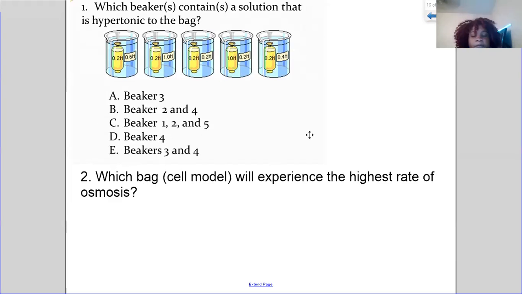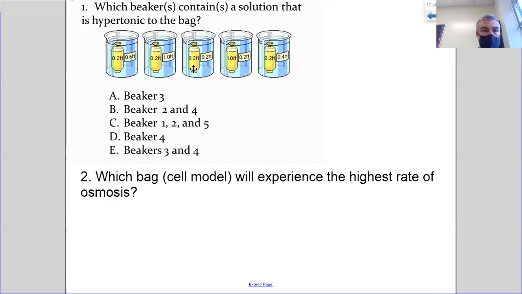Could you explain that again? Well, so this one's hypertonic. So 1, 4, and 5 are all hypertonic solutions, but I don't have 1, 4, and 5 as options. That doesn't give me options. So I just have to look for the option that fits.